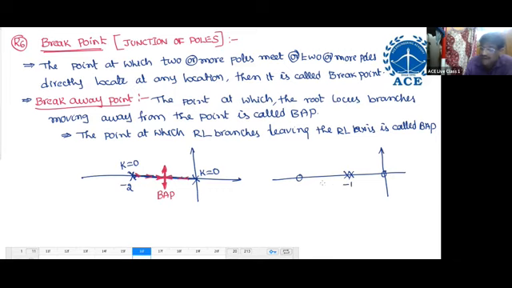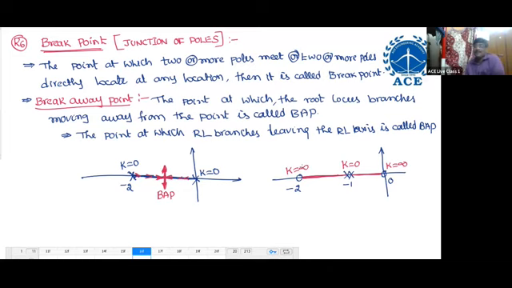This is -1, this is -2, this is 0. Is there a root locus branch here? Yes, root locus branches exist, because there are two poles here. Here k equals 0, and at the two ends k equals infinity.